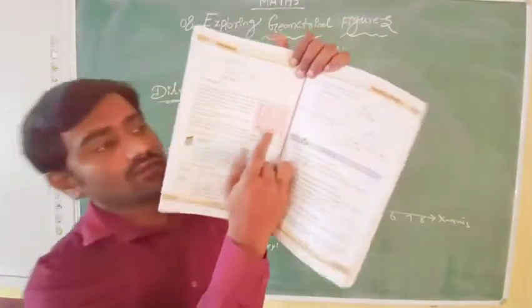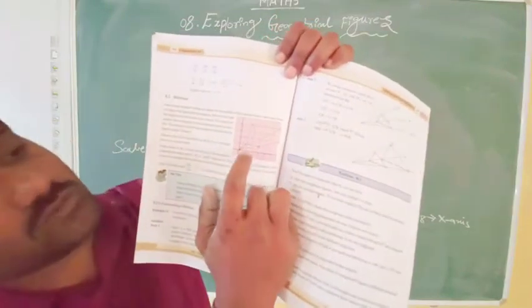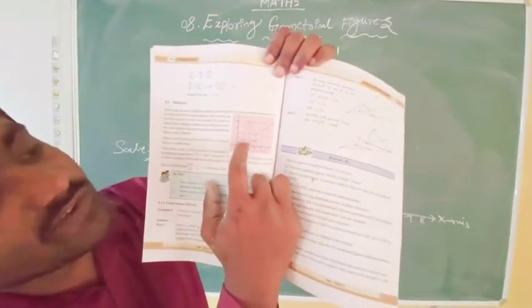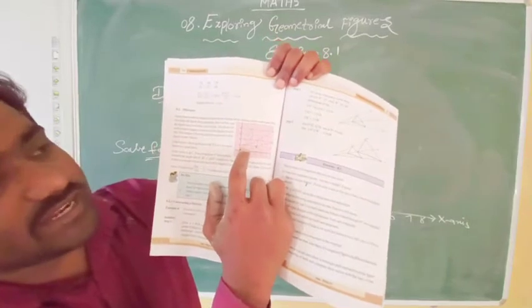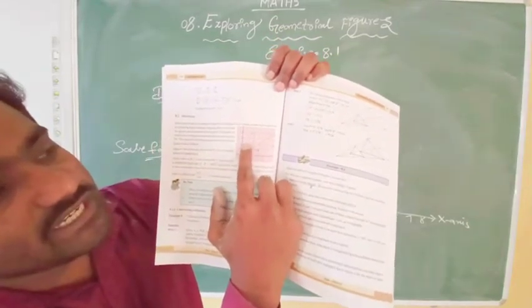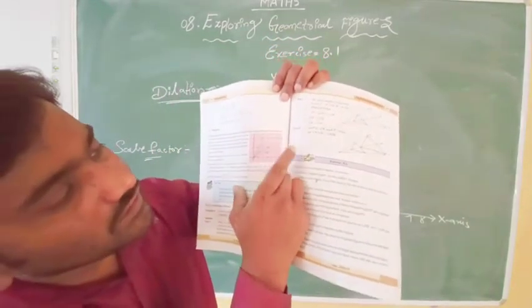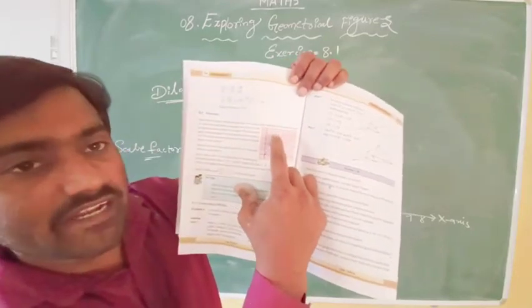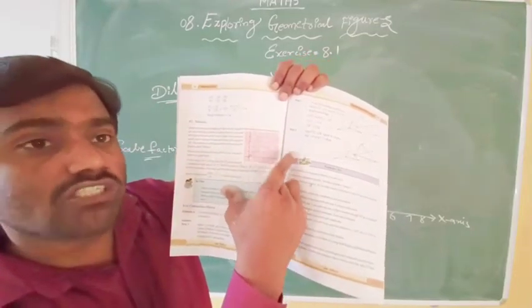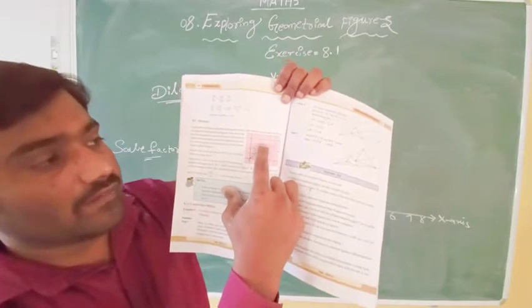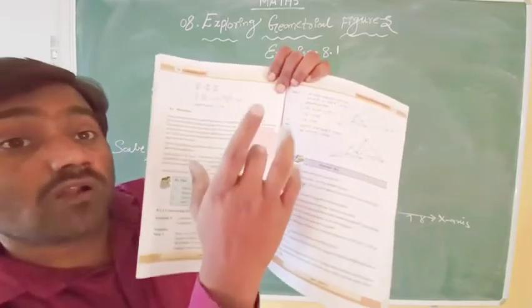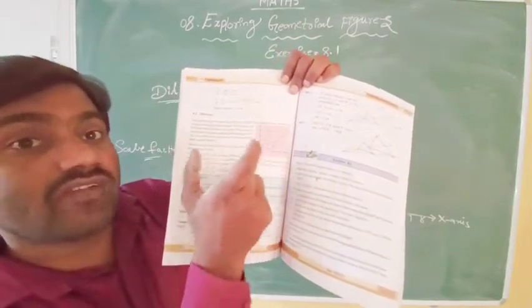Here, this is called dilation. If you observe, you can see there is one rectangle. Actually, he has taken a rectangle. ABCD is a rectangle. A dash, B dash, C dash and D dash is the enlarged rectangle. To know the scale factor, what to do? What will be the scale factor of this?